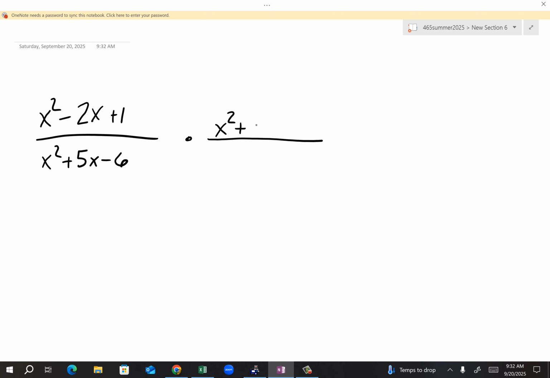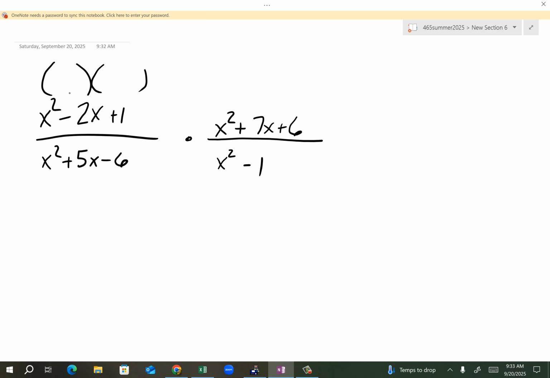All right, here we go. x squared minus... Don't write this down until I get it written down because otherwise I'll just be stupid and do it wrong, and that's fine. x squared plus 5x minus 6, and then times x squared plus 7x plus 6, and then x squared minus 1. Okay, so let's go to factoring.